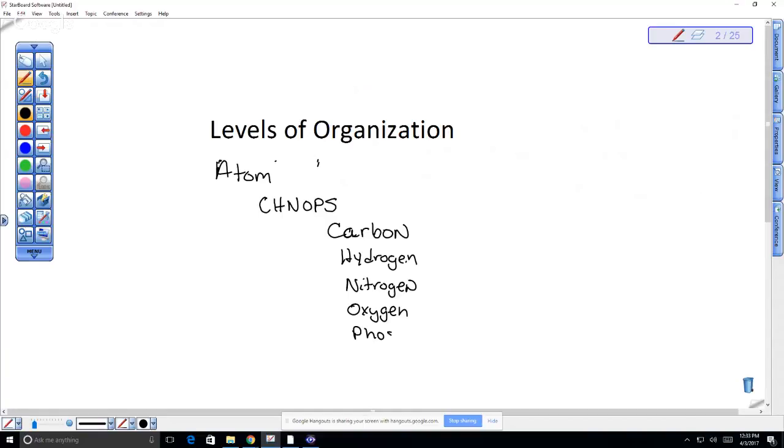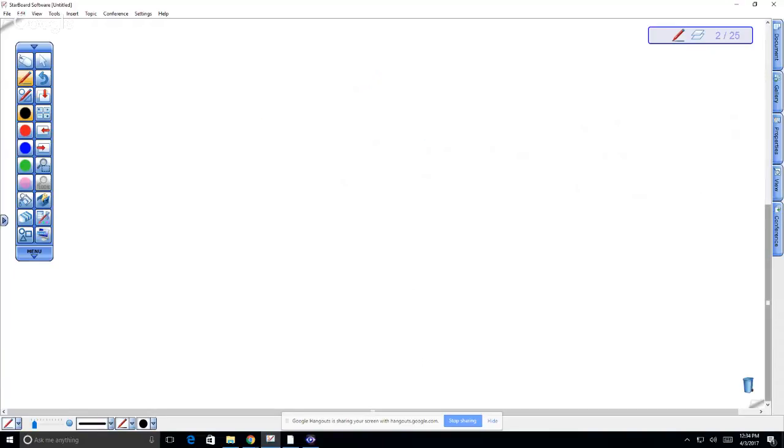Phosphorus. We have phosphate bonds in our DNA. And how about S? Sulfur. We have sulfur bonds in our proteins, and that's why proteins fold, for example. Okay? So these are the common types of atoms that we see in our body. And then these atoms come together and they form molecules.